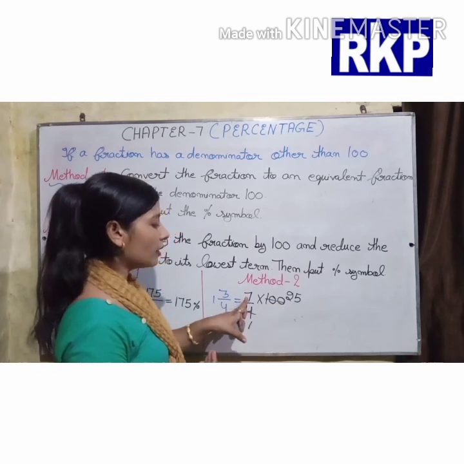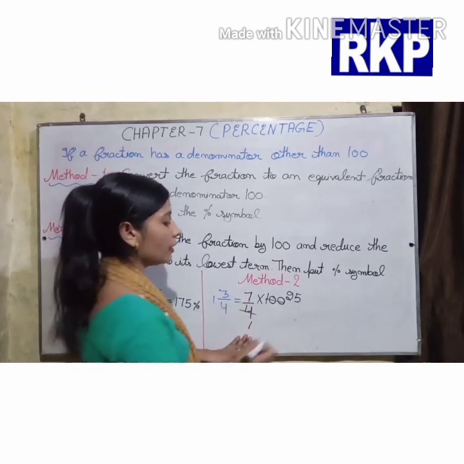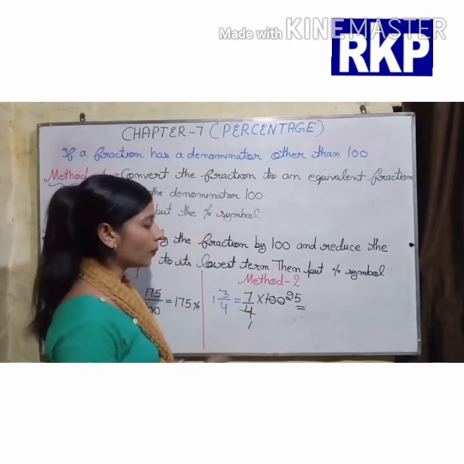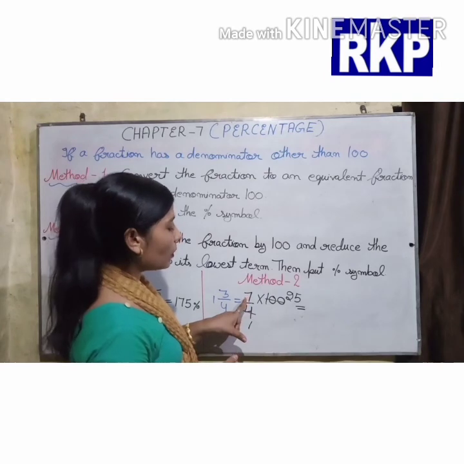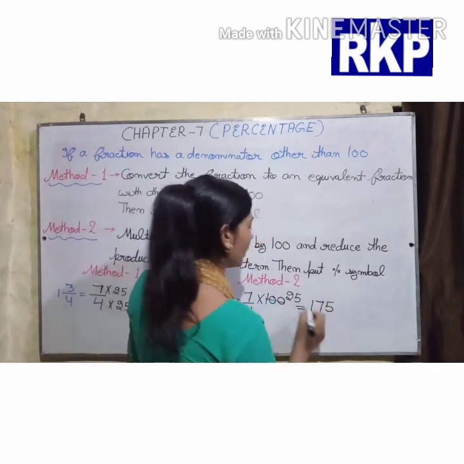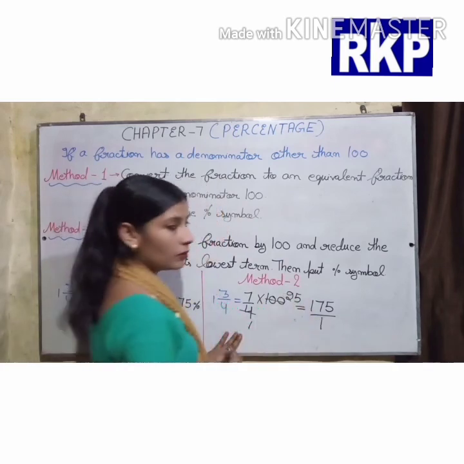Now we have 7 and 25 as numerators and 1 as a denominator. So now we have to multiply 7 with 25, and we know if we multiply 7 with 25, we get 175, and as a denominator we have only 1.